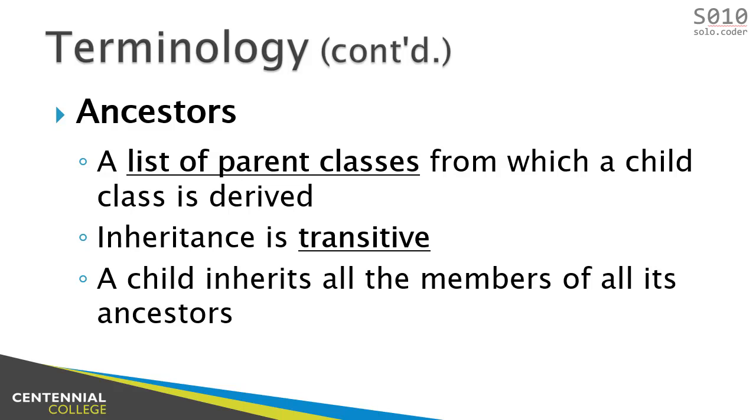True, but the workaround to inheriting multiple classes in C# is interfaces. Because it can inherit from multiple interfaces. Okay? So that's about it.